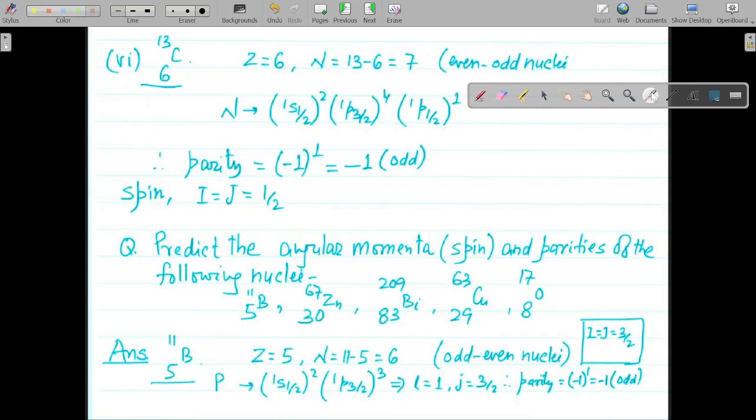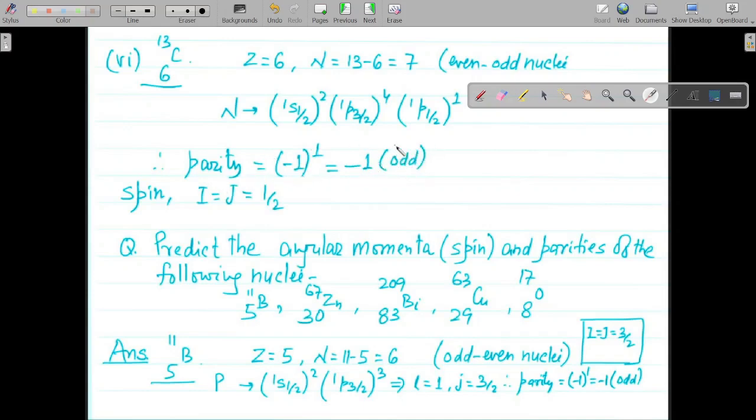So you can clearly see that (-1) to the power 1 will come, because for p the value of L is 1. (-1) to the power 1 gives you -1, that is odd.